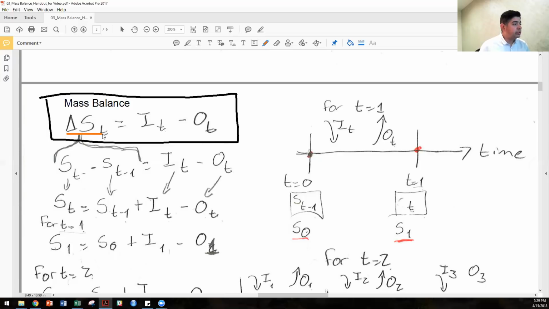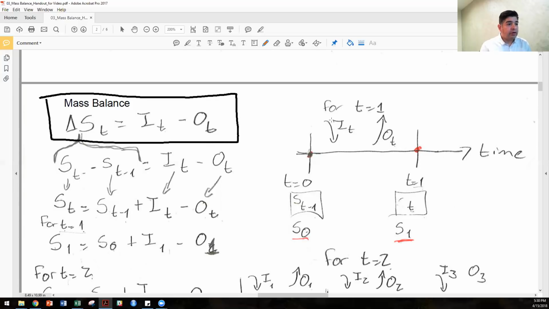Let me step back a little bit here. Let's start with the inflows. Let's say that we start at a certain period T0. So we have a certain initial storage, as you're seeing here. Then we're going to put some water in.